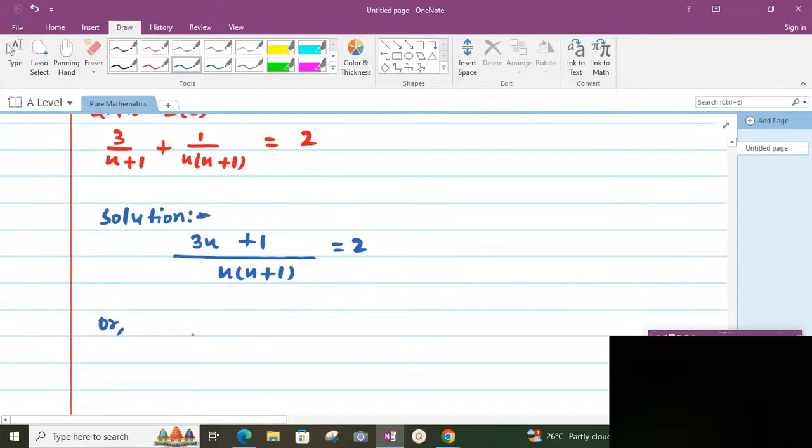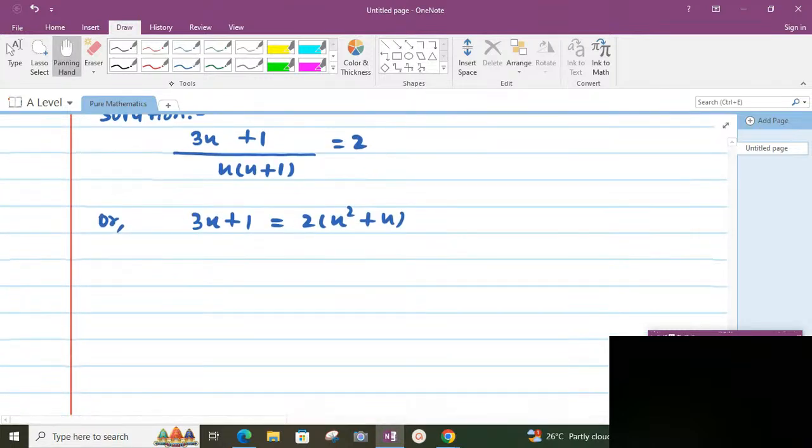Here next step will be 3x plus 1 equal to 2, x square plus x. Hope that there is no problem to understand up to this step. Let's see the next step.